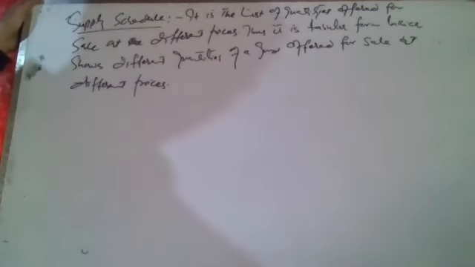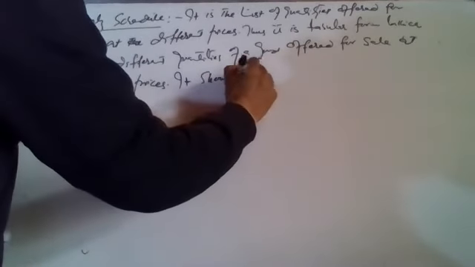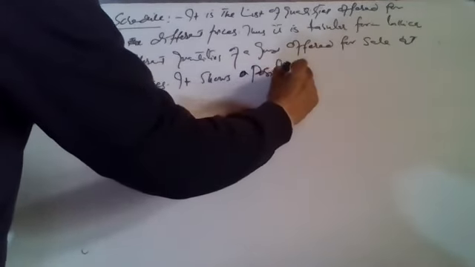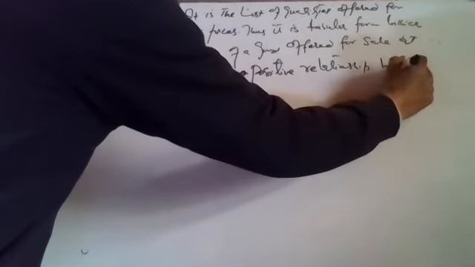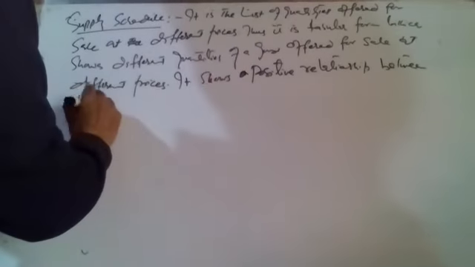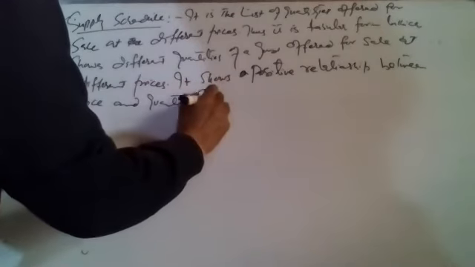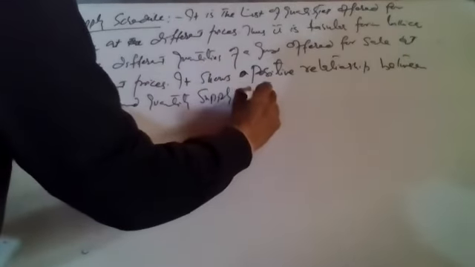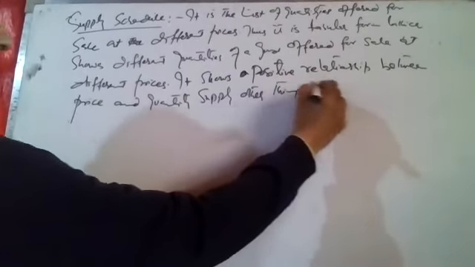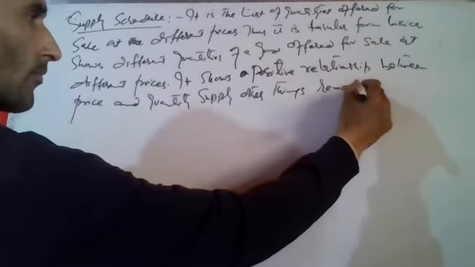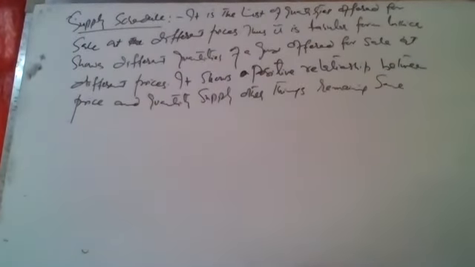It shows the positive or direct relationship between price and quantity supplied, other things remaining the same.